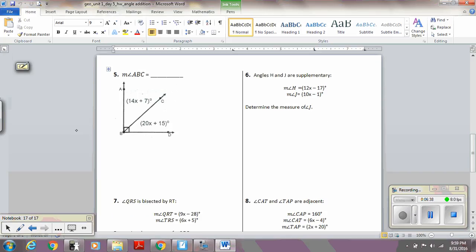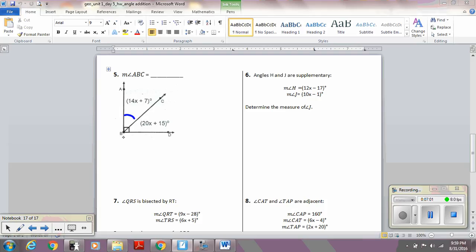Number 5 wants you to find the measure of ABC. In order to find the measure of ABC, which is this angle here, we need to find the value of x. To find the value of x, what you should realize is that ABC together with CBD form a 90-degree angle, so they're complementary.